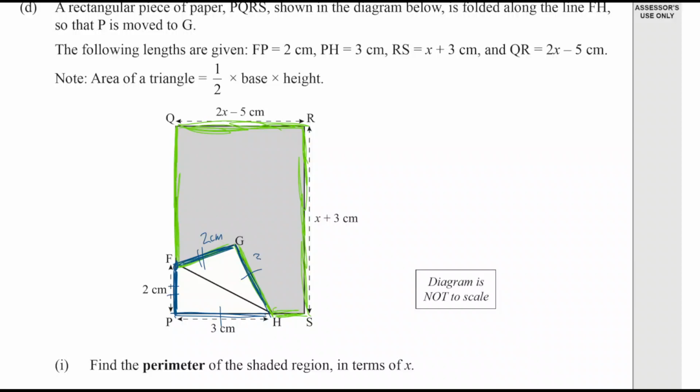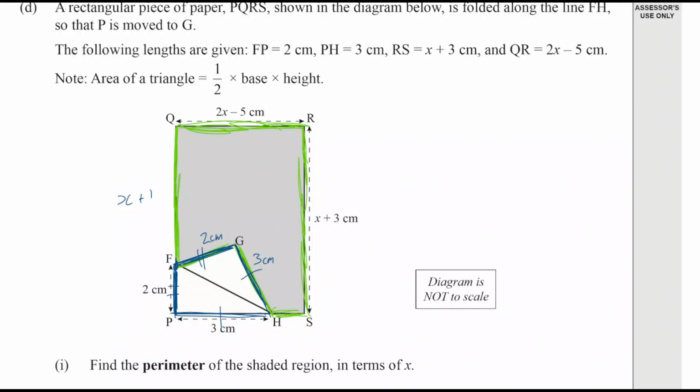So that's 3 centimeters. And then what would this dimension be, Q to H? Well, we know the total is x plus 3, and then we're subtracting 2. So this would be x plus 3 minus 2, which is just x plus 1.